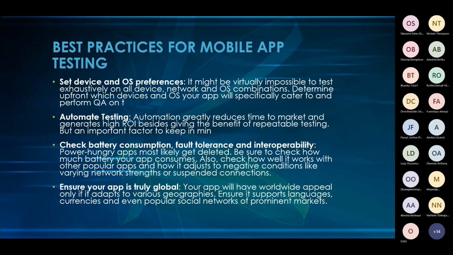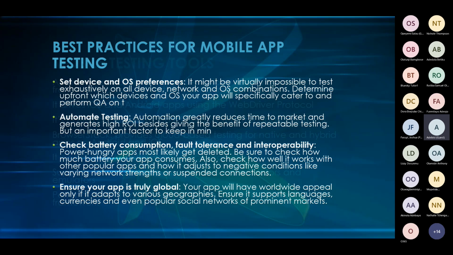Even as a tester, this is part of our work, to ensure we let our product owner or our bosses know that if we want to test this mobile application, geographical testing is very good, and localities too, to see if it supports different languages. So basically that is part of the best practices for mobile testing.